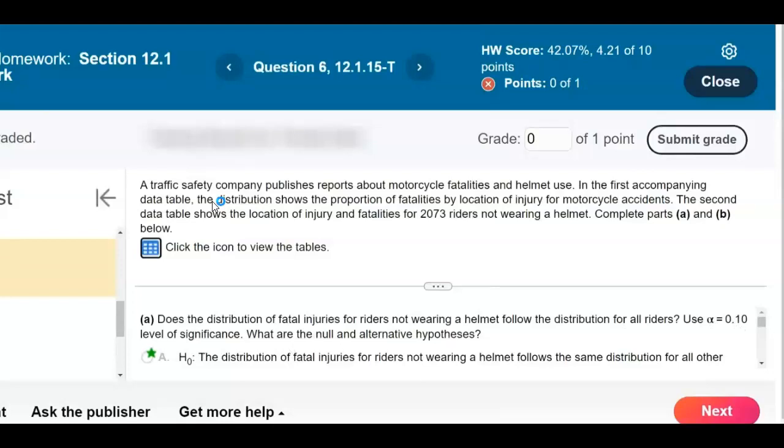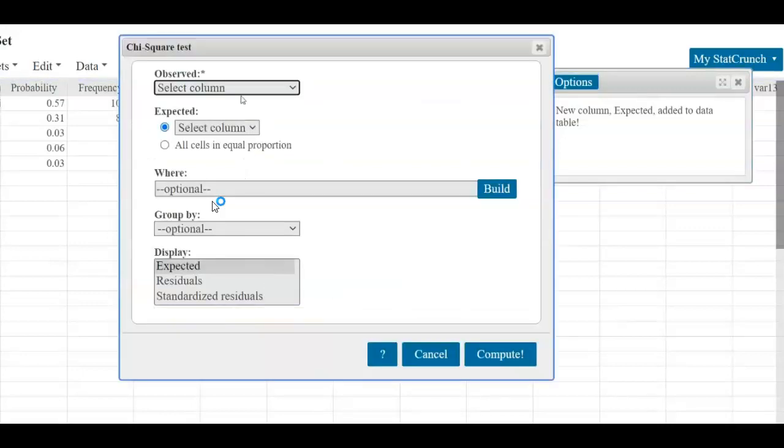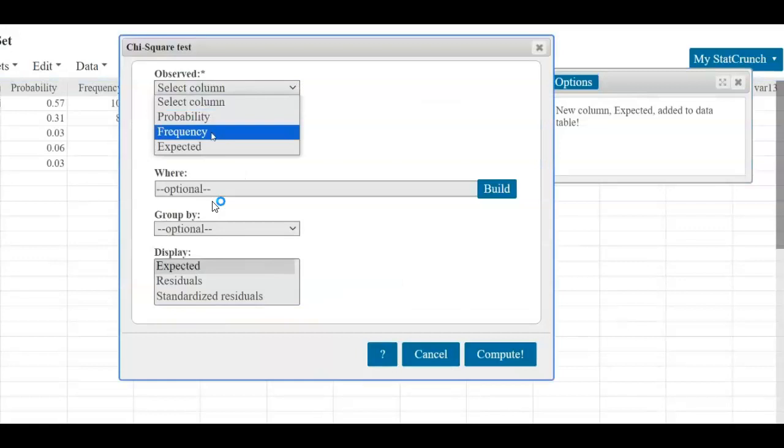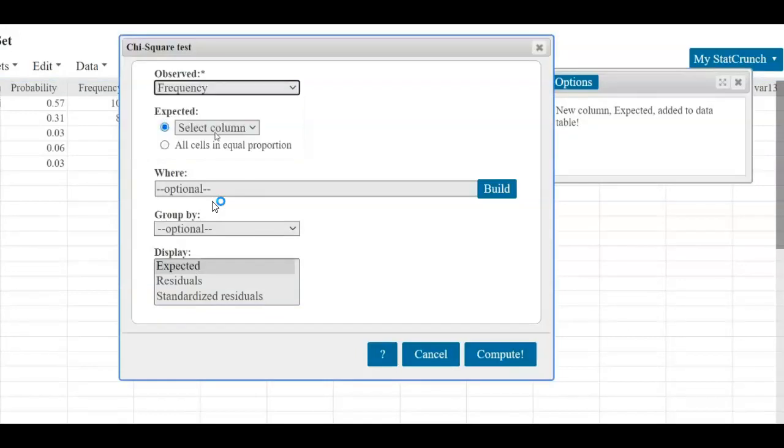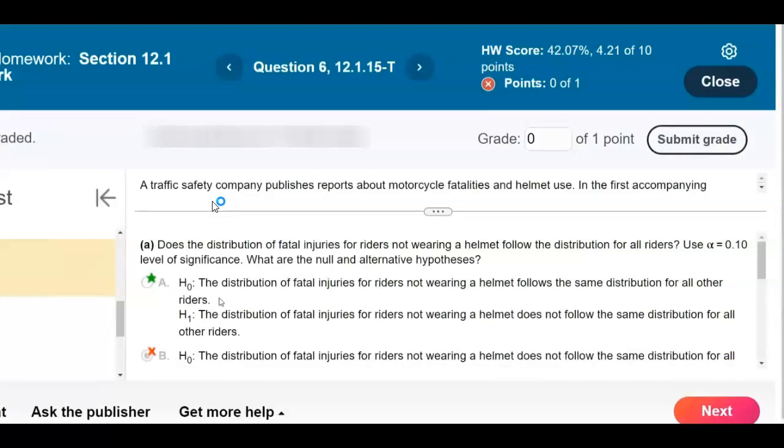When we do that, we go Stat, goodness of fit, chi-square test. And so our observed column is our frequency, and our expected column is expected, and compute. So with the goodness of fit, the null is that they match, and the alternate is that they don't match.